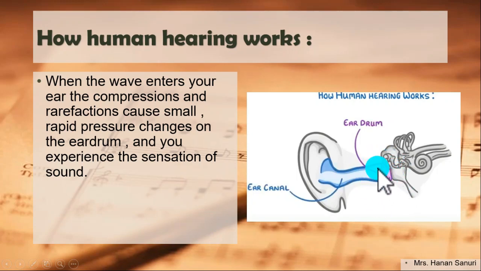This small part of the ear starts to vibrate after the waves enter the ear. So when the eardrum starts to vibrate, it causes this internal part also to vibrate, and you experience the sensation of sound. That's what I want you to know about human hearing. Okay?